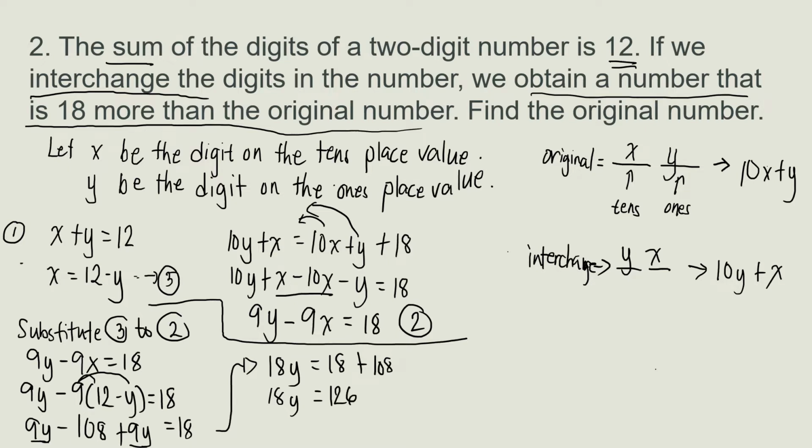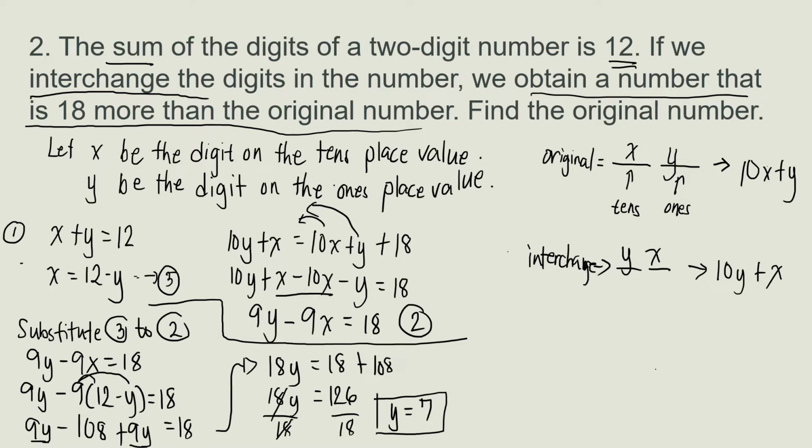So divide both sides by 18. We can cancel out 18 here. And 126 divided by 18, that is y, is equal to 7. So we got the value of y. Let's get the value of x. Your x is 12 minus y.